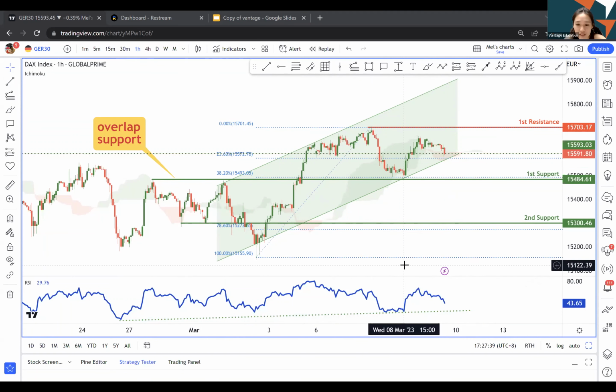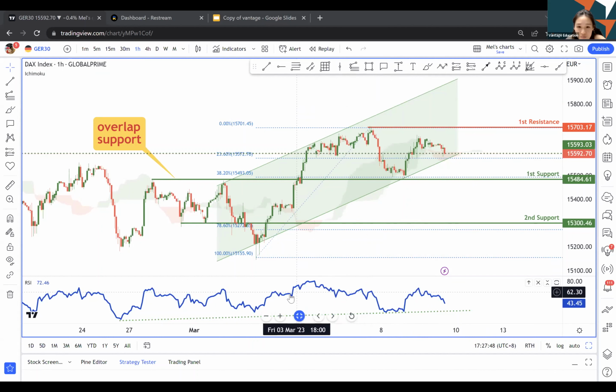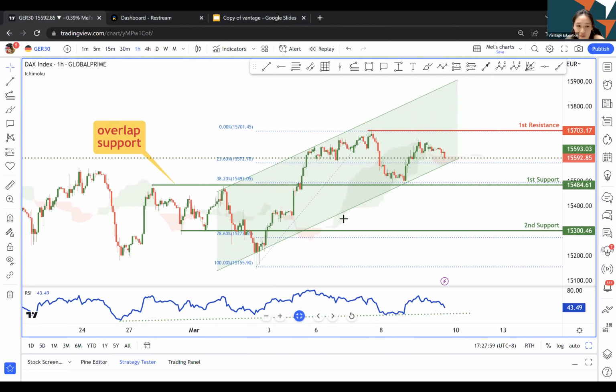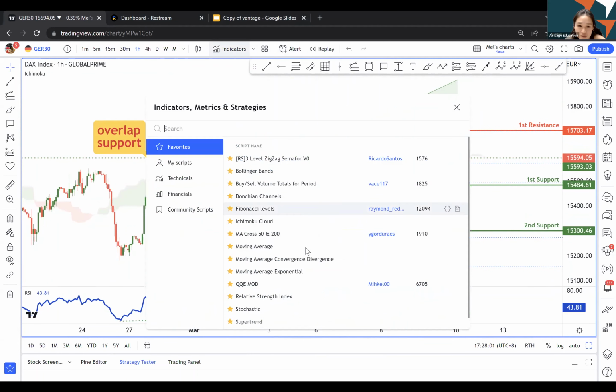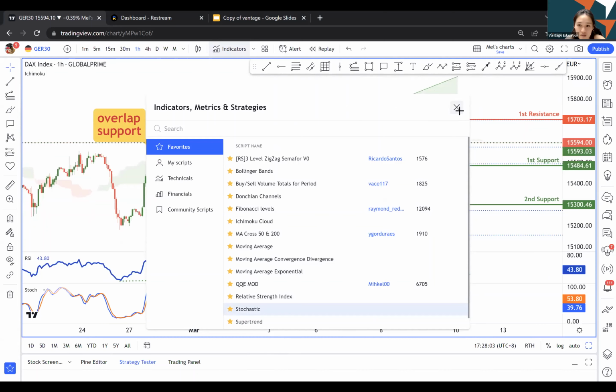Let me just see if I can find any hidden levels of support or divergences in this case. But it doesn't look like it. So apart from telling us that there is an upward trend, that's about it. So let's take a look at stochastic.